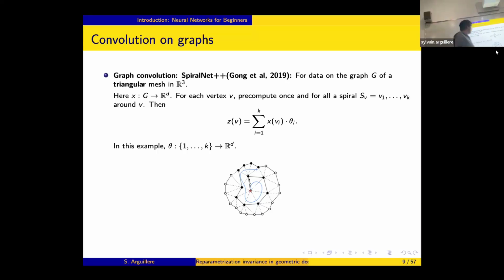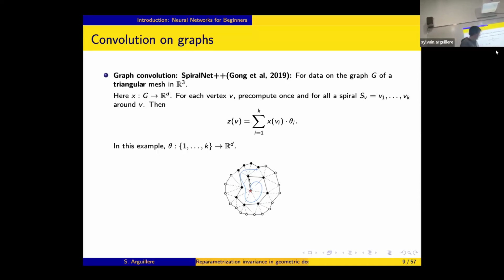And so what you do is, for each point, you look at a spiral of fixed k points, where k is a hyperparameter fixed at the beginning. You take the first neighbor, either at random or the closest point, and then you run along a spiral by following the triangular mesh structure.